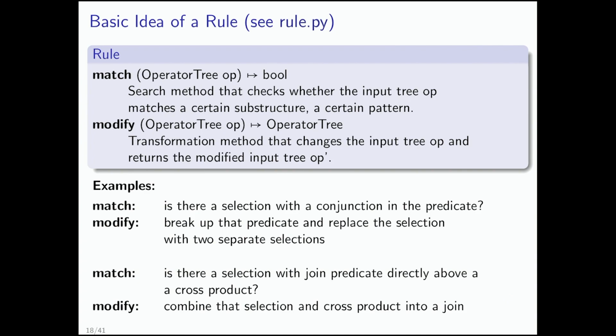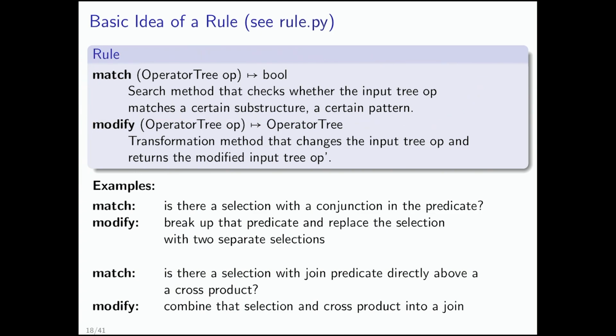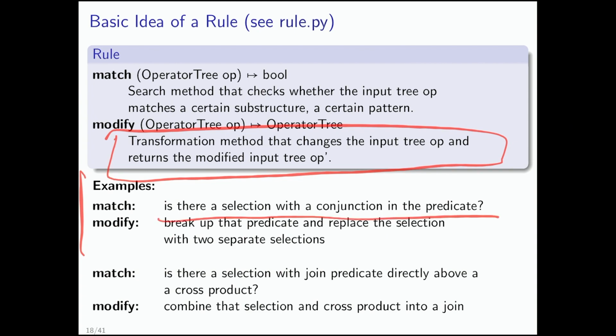So if the match returns true, the match part of the rule, you can run modify. Modify means you create a new operator tree. So you transform the input operator tree to an output operator tree. So in our examples, you found there's a selection with a conjunction in the predicate. Well, modify the tree. Break up that predicate or replace a selection with 2 separate selections.